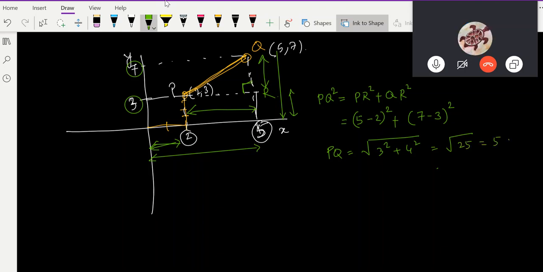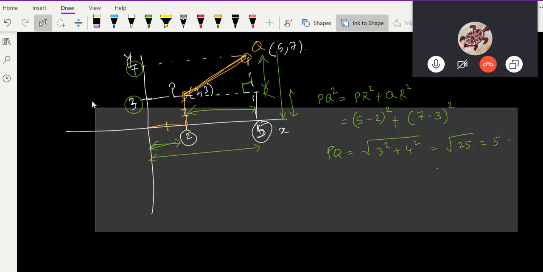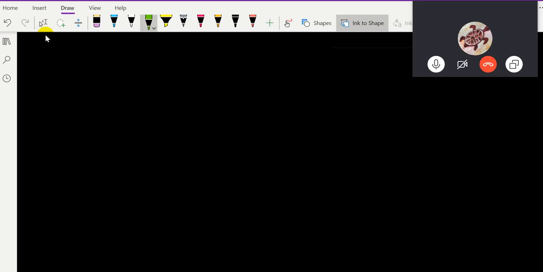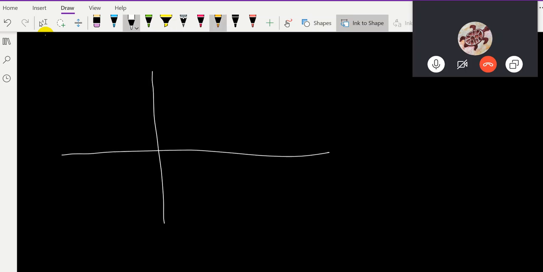So this is how we find the distance between points, and we also covered how we can find the ratio between 2 points. Suppose these are 2 points P and Q, such that there is a point R somewhere on this line which divides this line in the ratio m is to n.